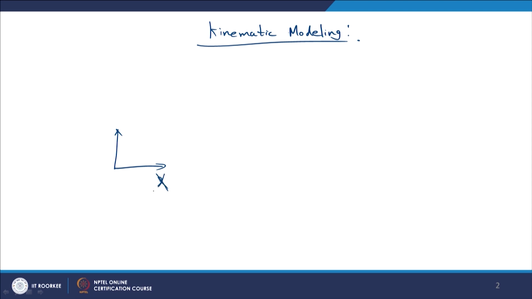Coming to the kinematic modeling of the flexible link, first we consider the schematic, which is given precisely by this diagram: x0, y0, and this is the flexible link, which has revolute joints, with a point load at the end point, and we have the frames attached to the end points.